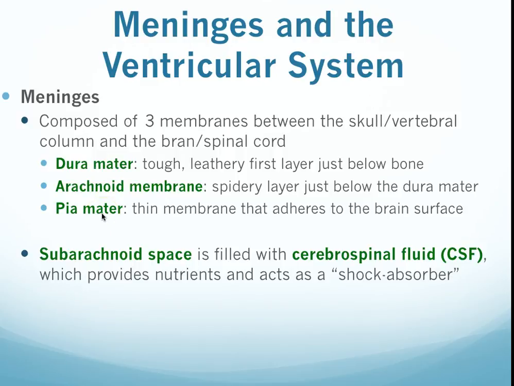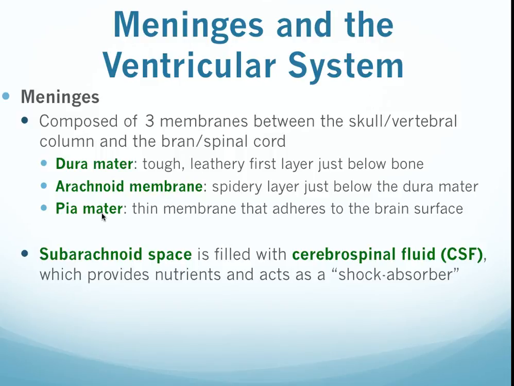Now, the dura mater is the first layer of protection, and that is a very tough, very leathery layer. So if we're talking about the brain, that's going to be the first layer that's right underneath the skull. So if we were to drill a hole right through the top of the skull, the first thing you're going to hit when you get to the other side is the dura mater.